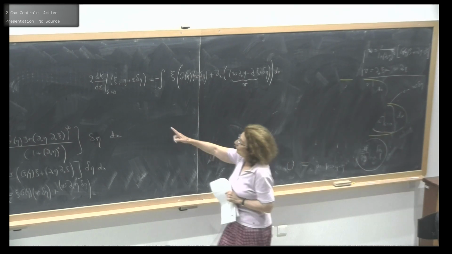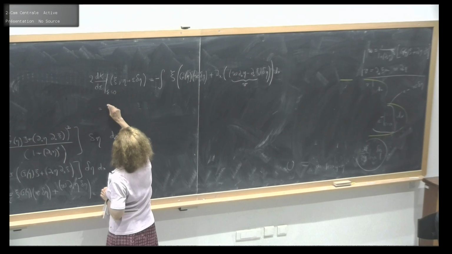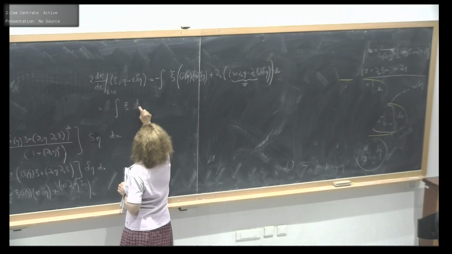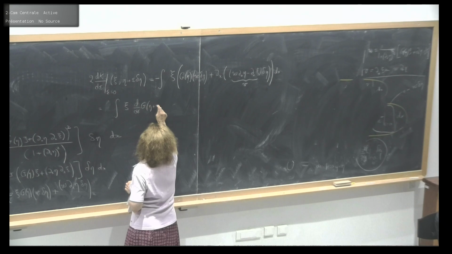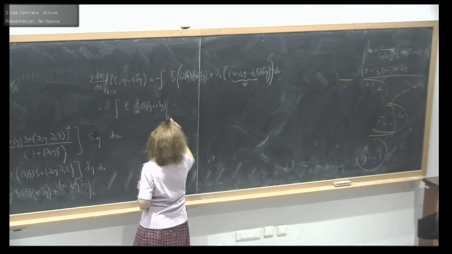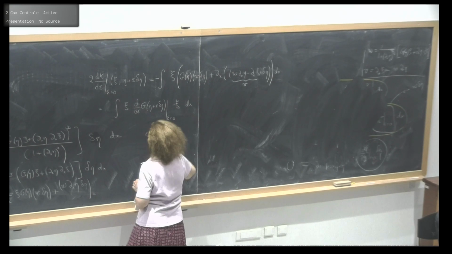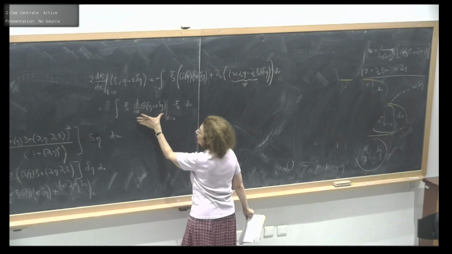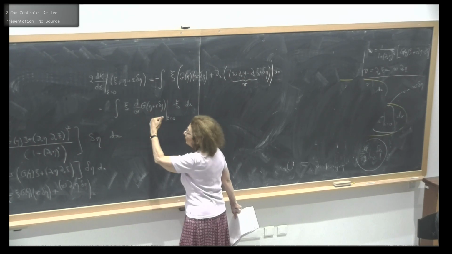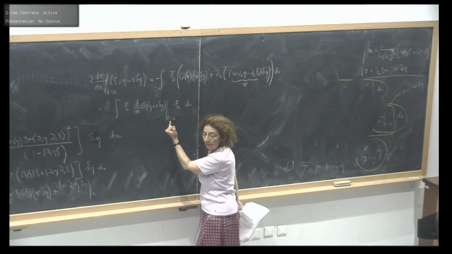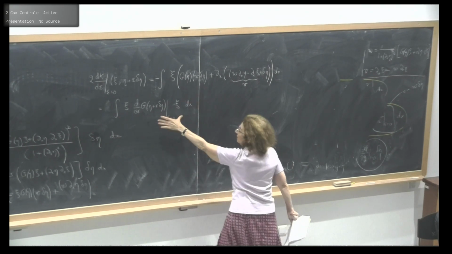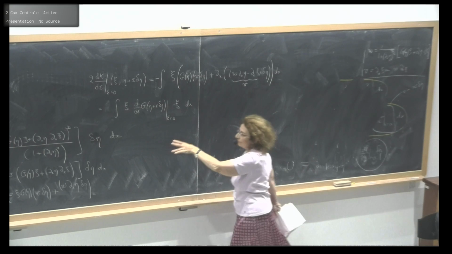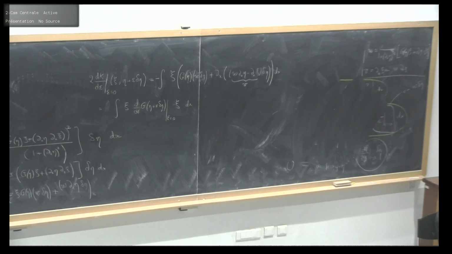Okay, so you see, we had exactly 2 times the integral of xi, d epsilon G of eta plus epsilon delta eta. So visually you see that this quantity, which represents the shape derivative of G in the direction delta eta, is exactly the sum of these two terms, which should be the same as the sum of these two terms.